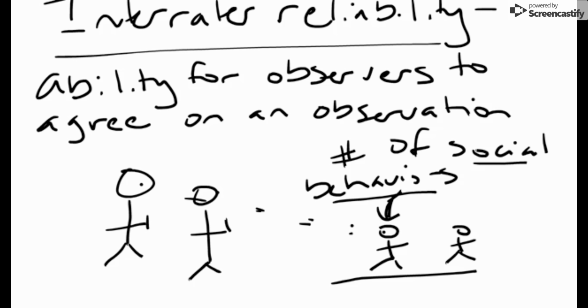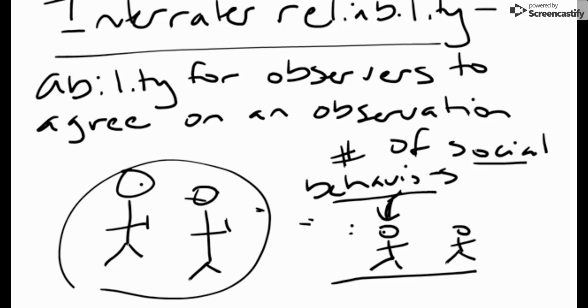In order to see if they actually have good inter-rater reliability, you would compare the number of times that each observer sees a social behavior occur, and then divide that by the number of opportunities to agree. Multiply that by 100, and what you get is the level of agreement these observers have on the number of social behaviors displayed by the child.